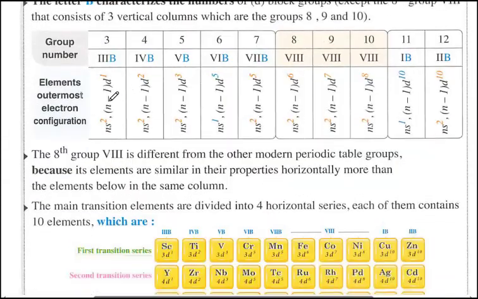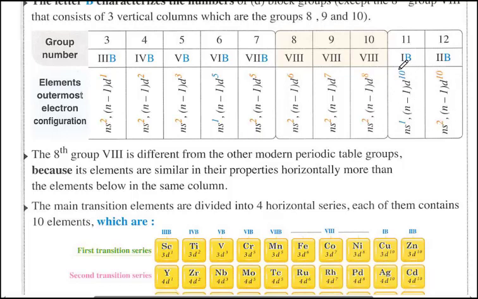So the main transition elements have this electronic configuration: ns2 (n-1)d1, ns2 (n-1)d2 in group 4B, ns2 (n-1)d3, and there is no d4, so it is ns1 (n-1)d5, ns2 (n-1)d5, ns2 (n-1)d6, ns2 (n-1)d7, ns2 (n-1)d8, d10, and d10.